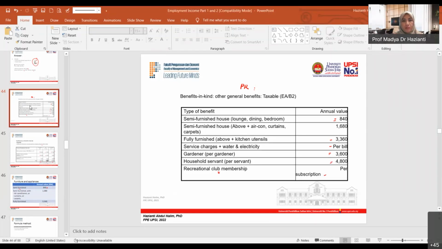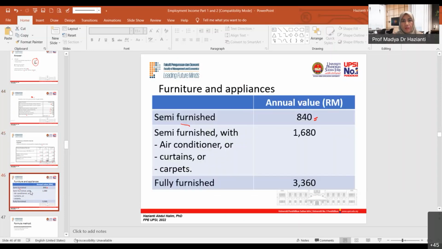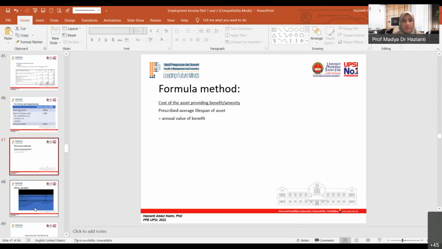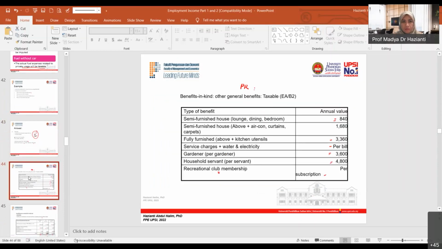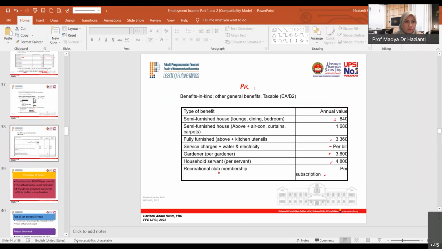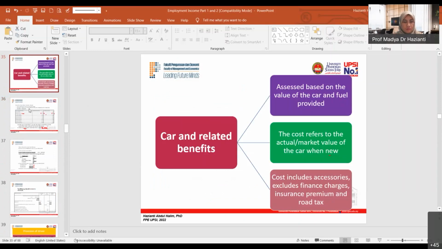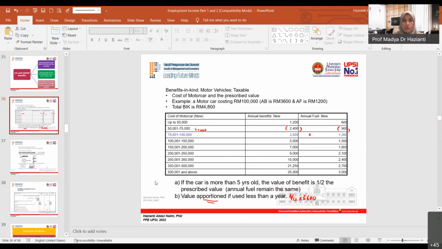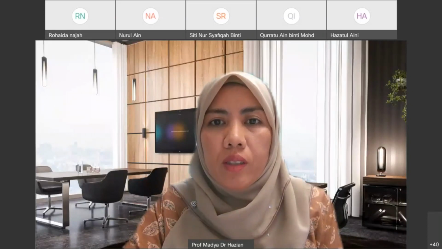Driver dia masuk dekat sini ni. Alright. So back to the solution tadi.